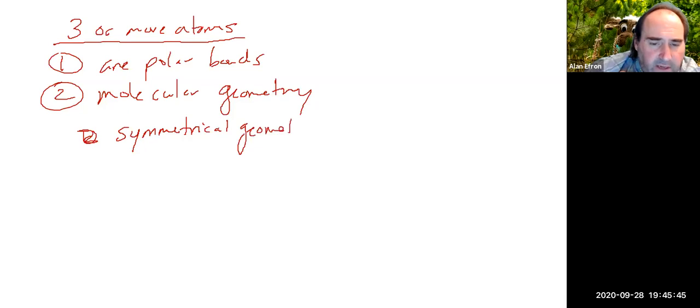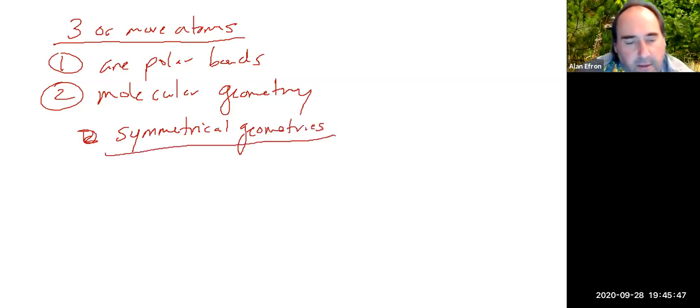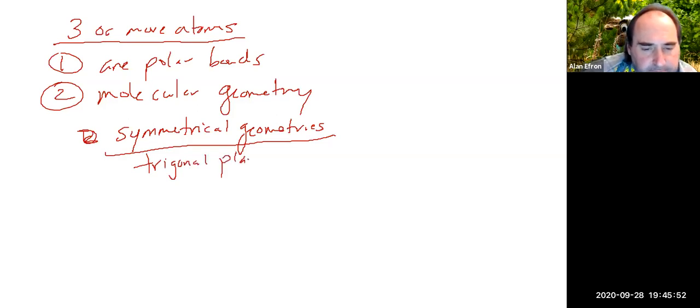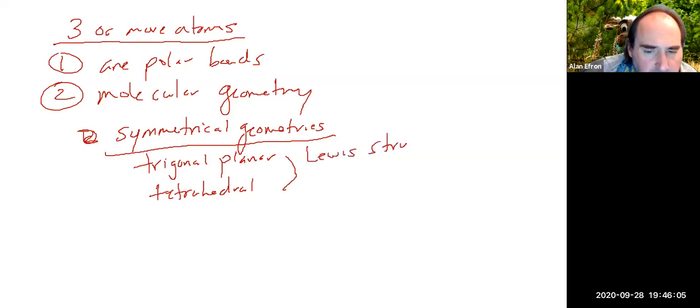And symmetrical geometries are essentially your trigonal planar, your tetrahedral. And what these two have in common is that when you draw your Lewis structure, there are no non-bonding electrons on the central atom.